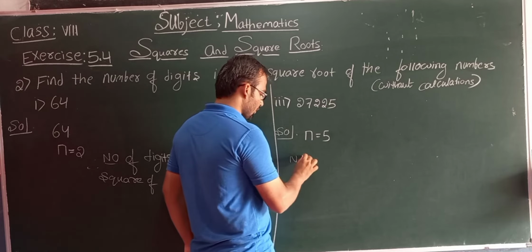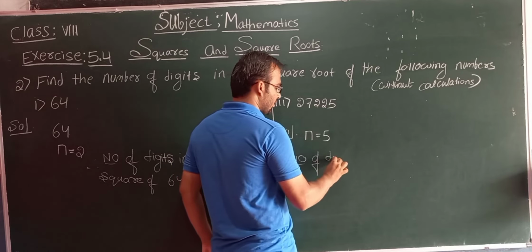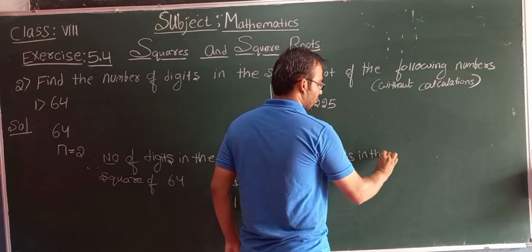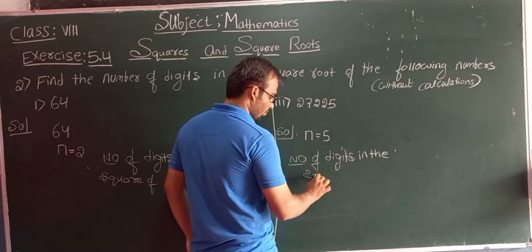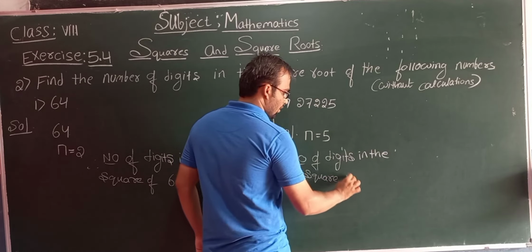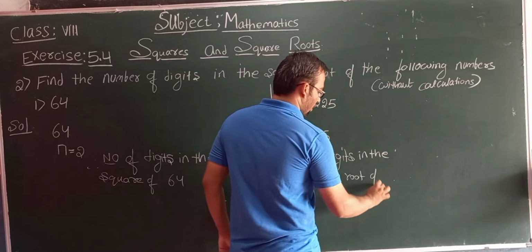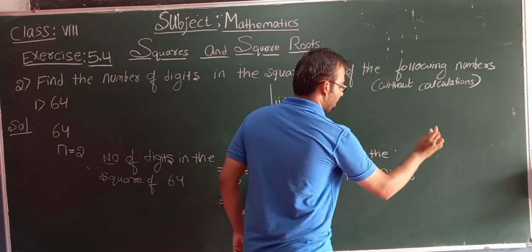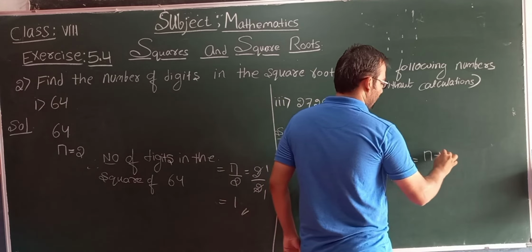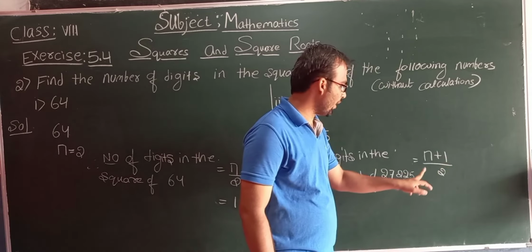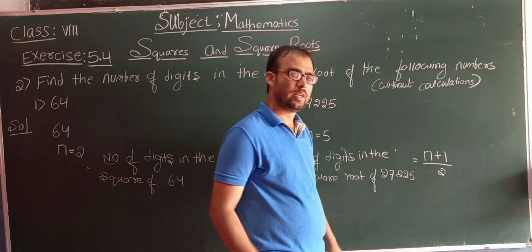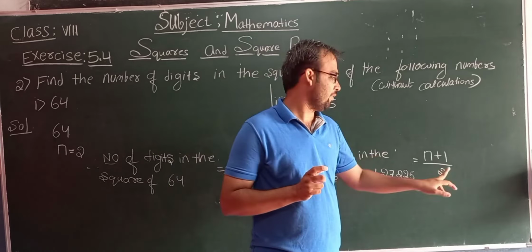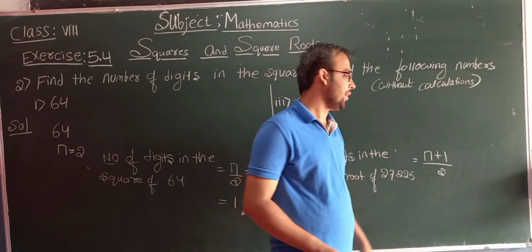Then the number of digits in the square root of 27225 equals n plus 1 by 2. Why students, why here n plus 1 by 2? It is because n is odd. As n is odd, we have to use this formula, n plus 1 by 2.